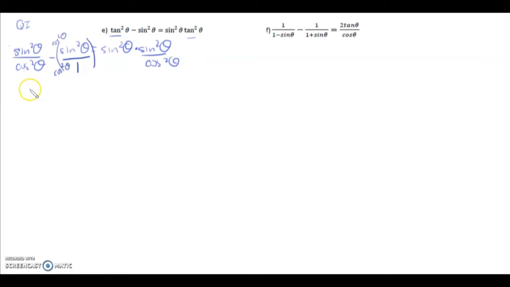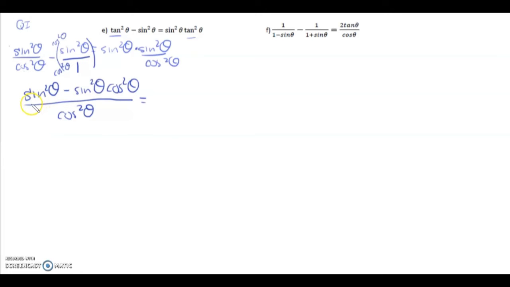So essentially what we get is sine squared theta minus sine squared theta cos squared theta, and this is all going to be over cos squared theta. Okay, for this side, I'm going to leave this for a moment. I'm going to see what I've come up with on the left-hand side.